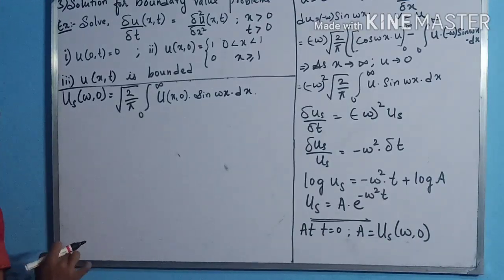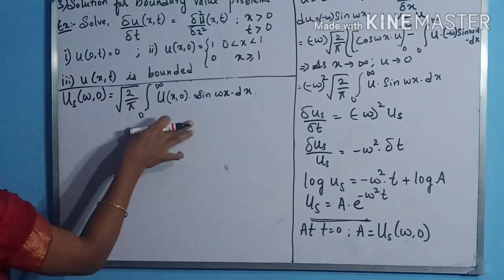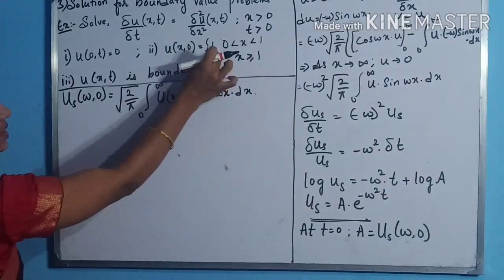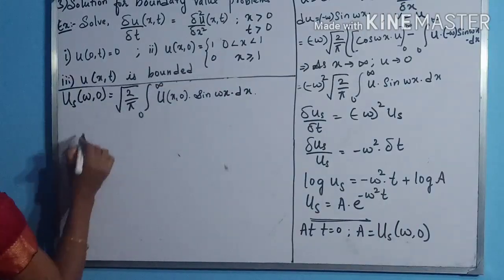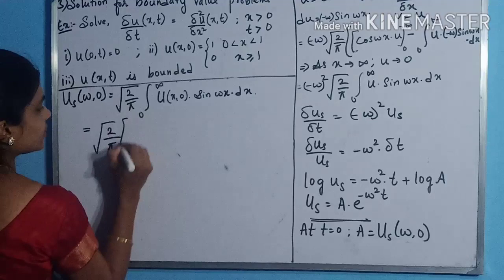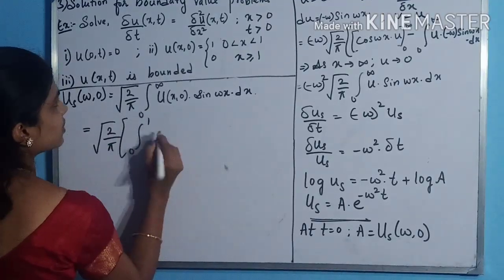Now applying the boundary condition for u of x 0, that is when it is 0 to 1, I will get this as root 2 by pi integral 0 to 1. Okay.